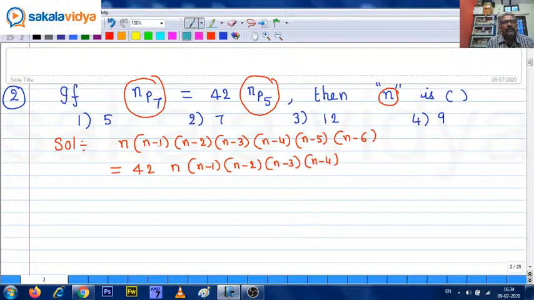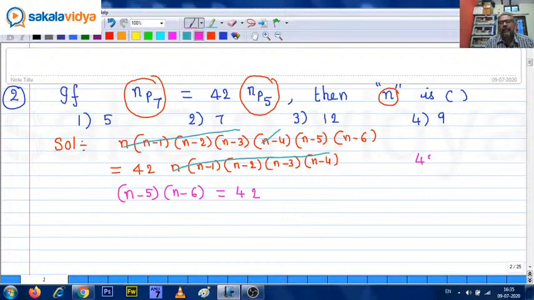The common factors n, n minus 1, n minus 2, n minus 3, n minus 4 get cancelled. So now we have, very interesting, (n minus 5) into (n minus 6) equals 42. The 42 can be factorized as a product of two consecutive numbers, 7 and 6.